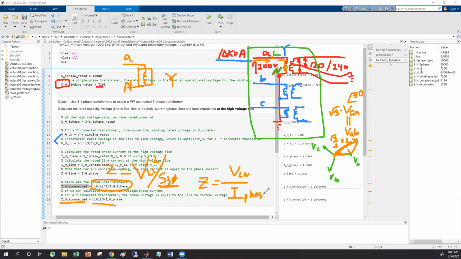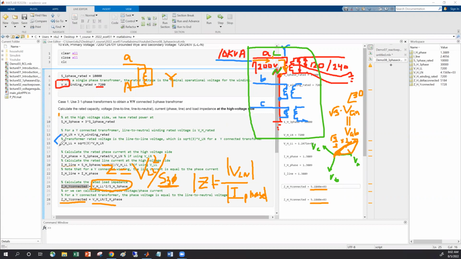So the voltage divided by current equals Z, right? Here we're computing purely the magnitude of it, so we don't have to consider a power factor. In this case, both give you the same value. If you run that, you can see that it gives the same value, okay?